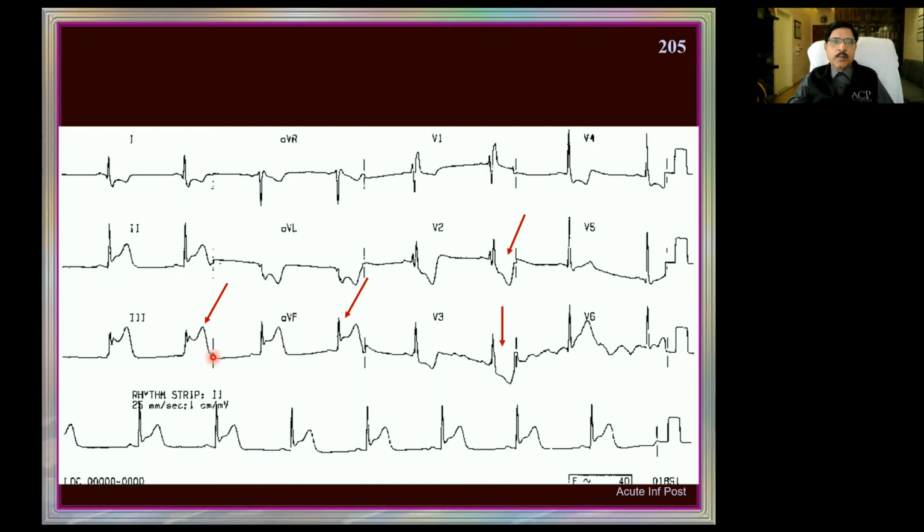And also, not only this, I am able to see some changes in V1 and V2, which show depressed ST segment, T inversion and RSR pattern. This could be the posterior wall, which we'll come to know later. So this is an inferior-posterior myocardial infarction with right bundle branch block.